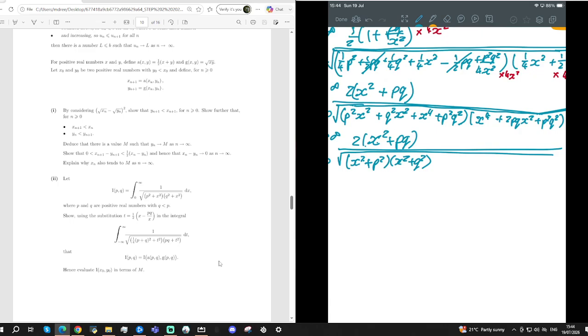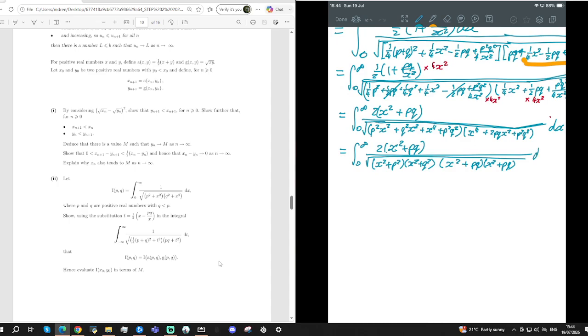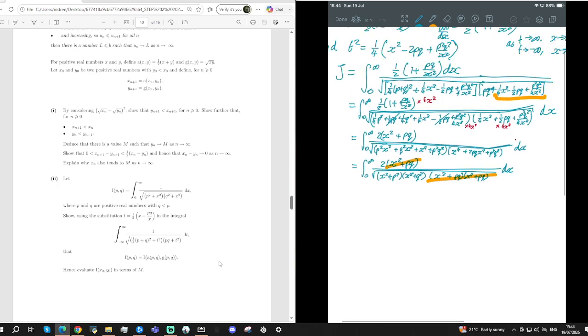If you do FOIL that back out, you do get exactly that set of algebra. And now the second one is x squared plus pq times x squared plus pq, dx. But this is now exactly what we wanted, because these two, once square rooted, is exactly what's on the top. So this thing cancels with those two simultaneously. And now to worry about this 2. So why, oh why, is there an extra 2?